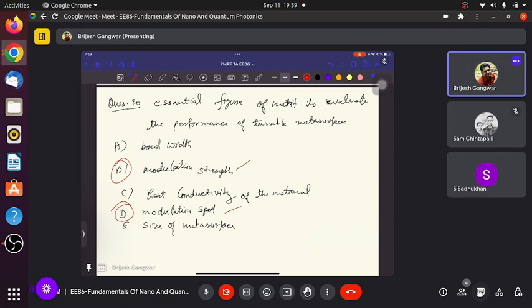Will it cover option A also, because you mentioned about the energy, how much energy it will consume? No, no, bandwidth is related to the loss, right? So some radiation loss, not the inner. Okay. Correct.